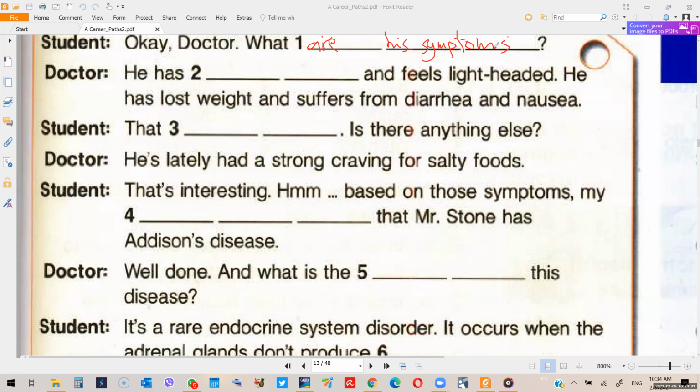And this is one of the speaking issues. So what are his symptoms? If you talk about a female, a she, we say, what are her symptoms? Number 2.